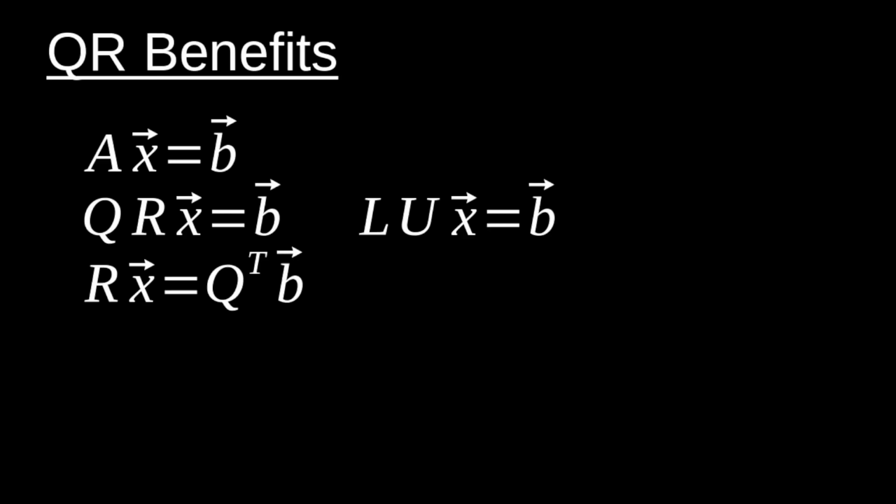And it's very simple to solve this linear system using QR, because we need to isolate our upper triangular matrix as a means to perform Gaussian elimination, and in order to do that, we just need to get the transpose of our Q matrix, put it on the other side of our equation, do some matrix multiplication, and we're done. However, with our LU decomposition, we have to actually go through and fully compute the inverse of our lower triangular matrix.